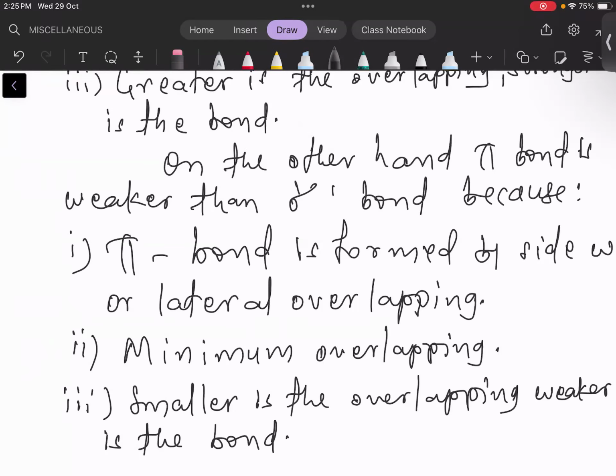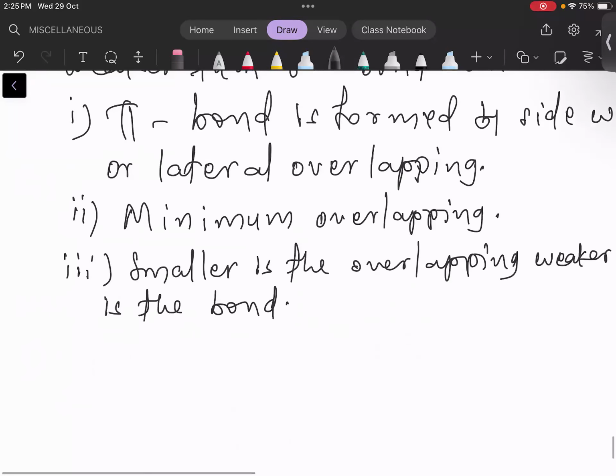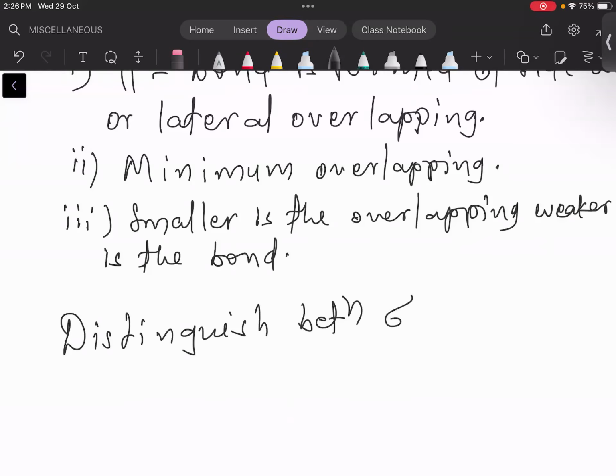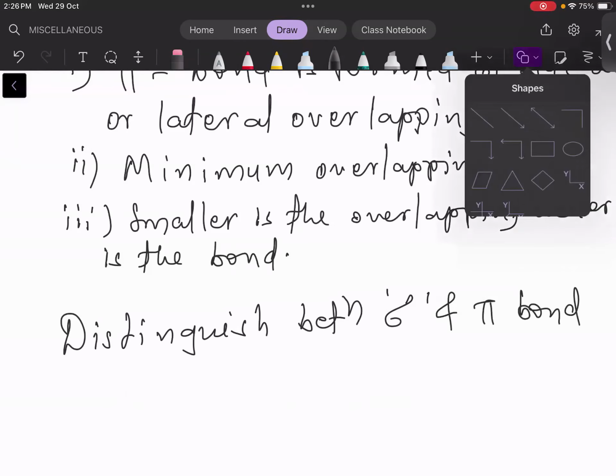So next one is what? Distinguish between sigma and pi bond.